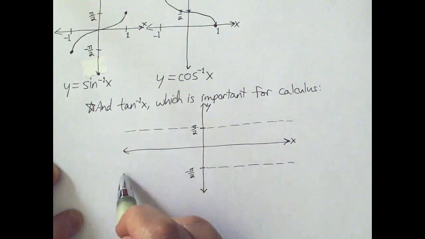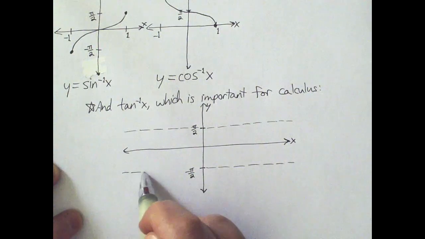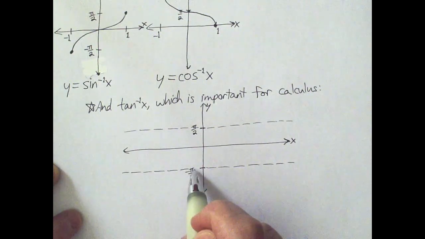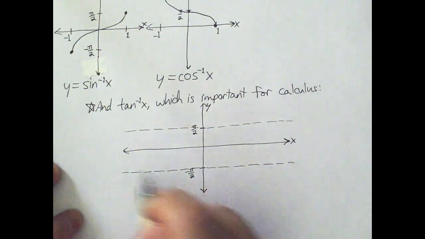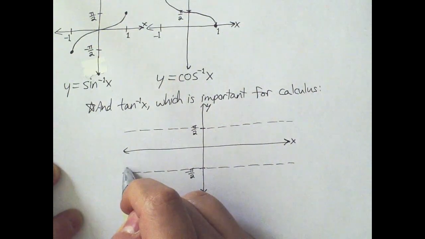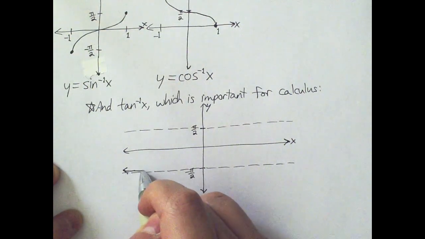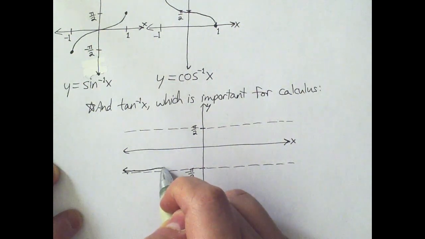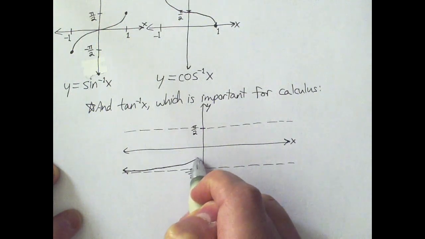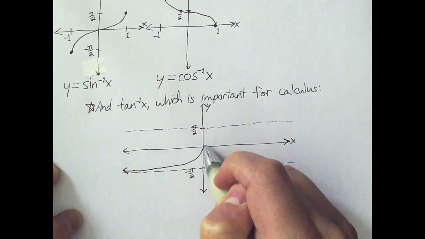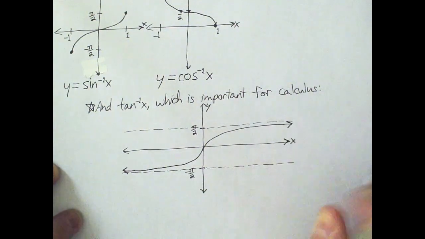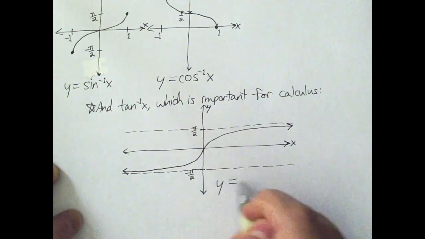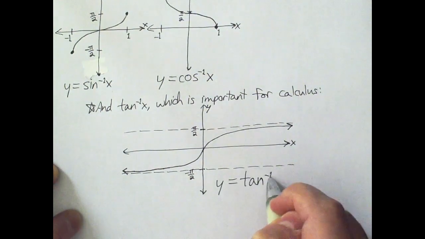And you might say, wait a second, can a graph have more than one horizontal asymptote? Well, yes, it can, as long as it approaches one to the left and the other one to the right. So the graph of inverse tangent goes something like this. All right, so this is y equals inverse tangent of x.